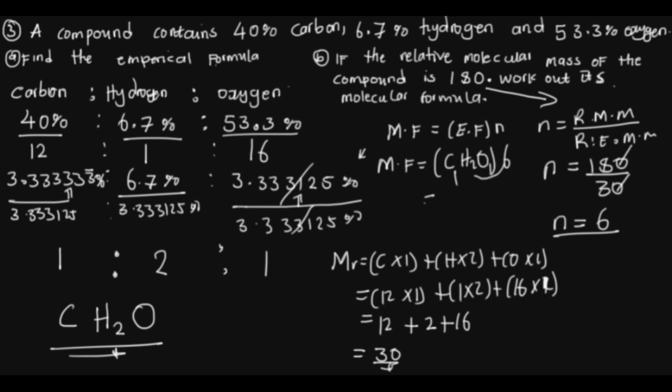This will multiply with everything, so C6H12O6. So this is how you can find the molecular formula and the empirical formula given the percentage of elements in a given compound. That's it for this video. Thanks for watching.